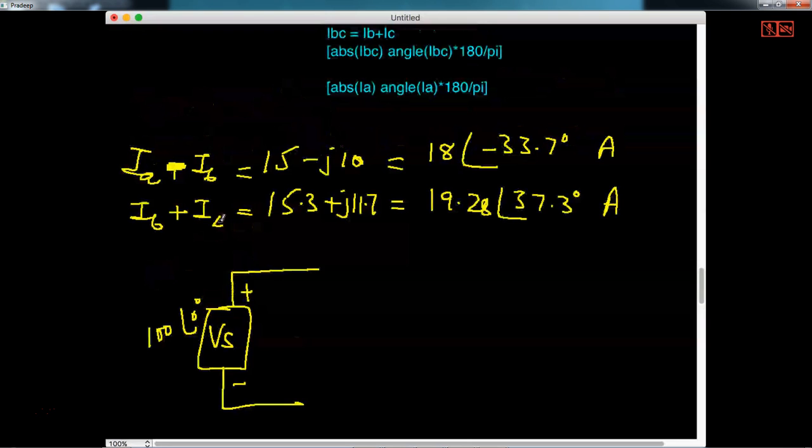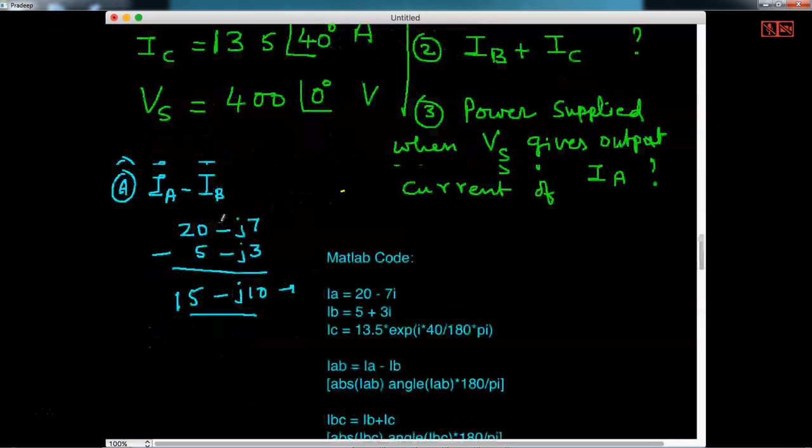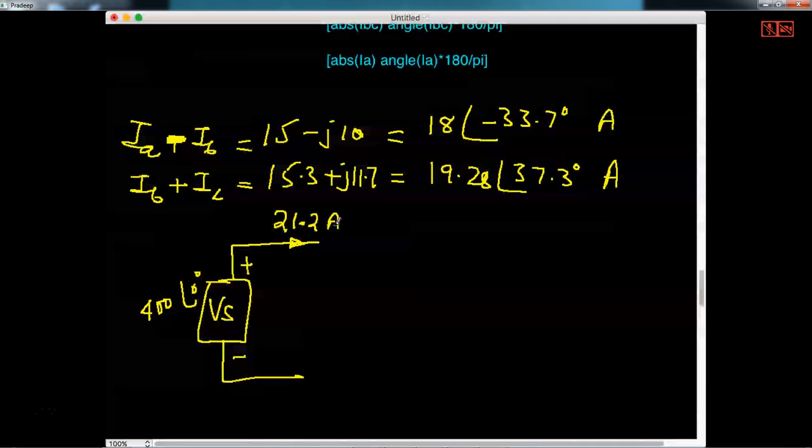And the current output here is nothing but the value of IA. And the value of IA is 21.2 amperes at an angle of minus 19.3 degrees. So this is IA.